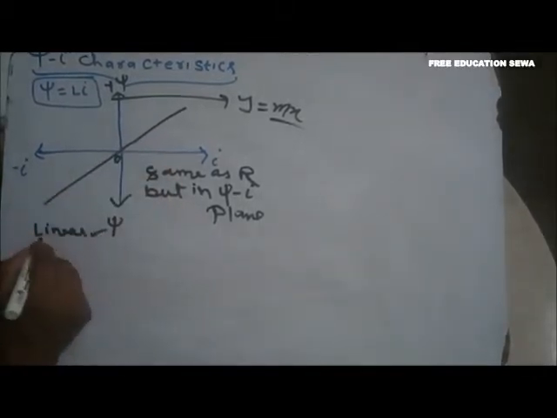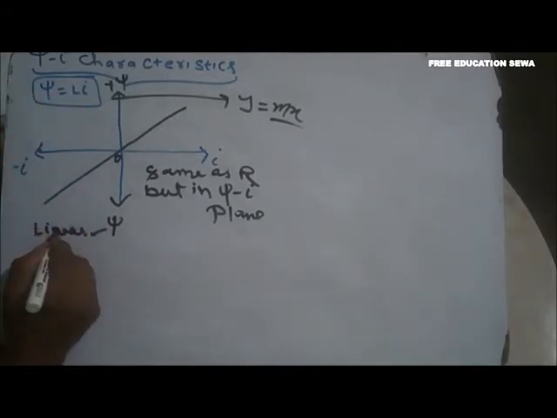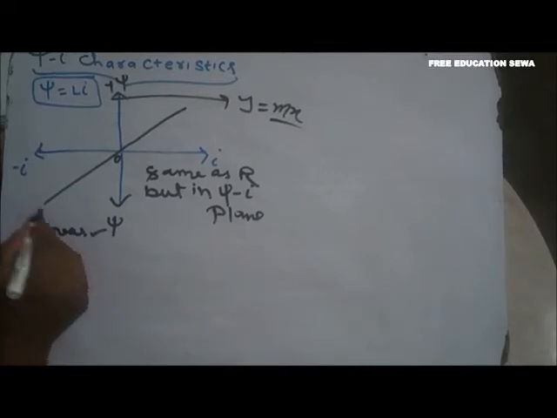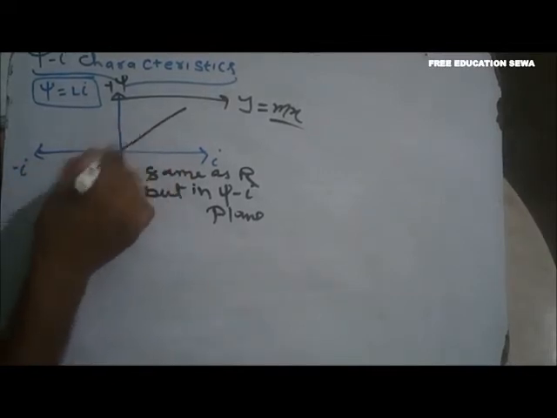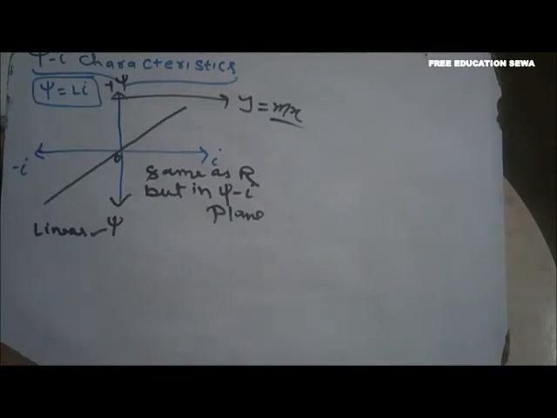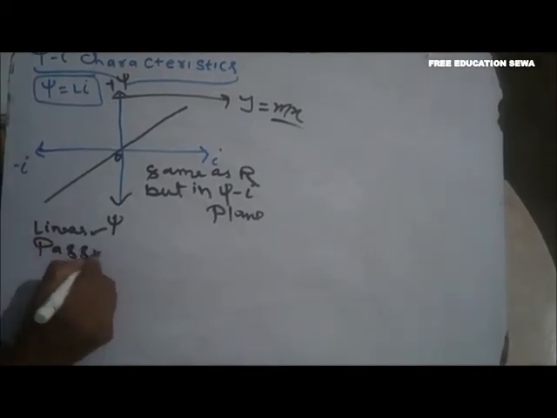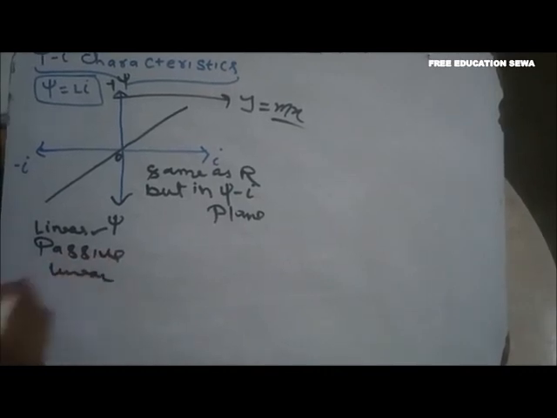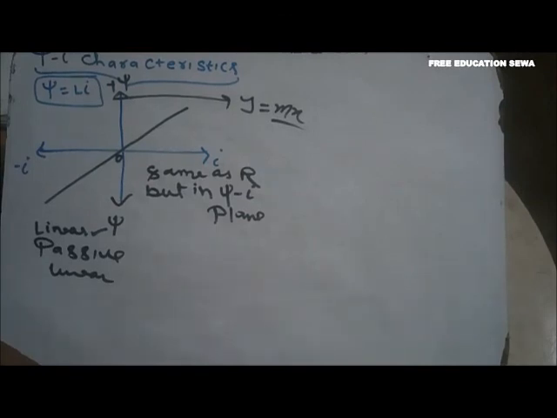Second, it is a passive circuit element. And it is time invariant: for every value of t it remains the same. So passive, linear and time invariant. We will see the capacitor mainly in the next lecture. Okay, thank you.